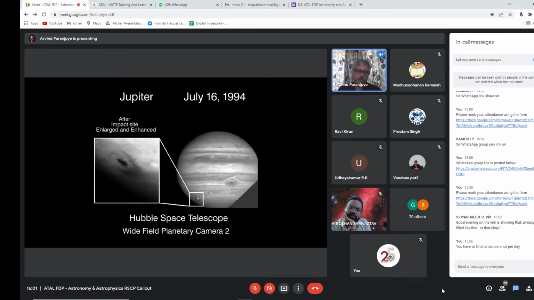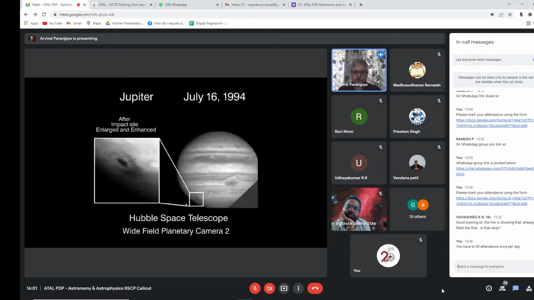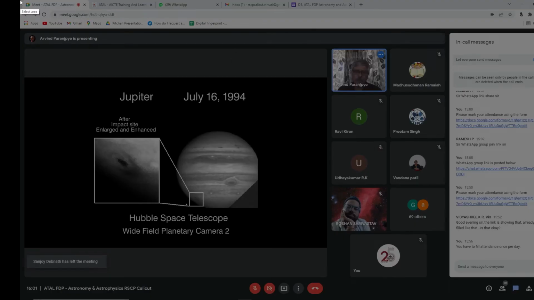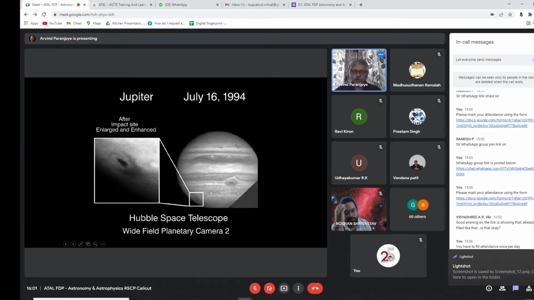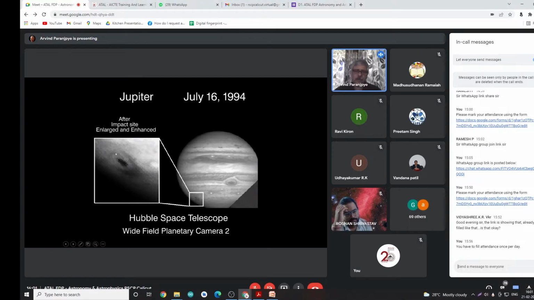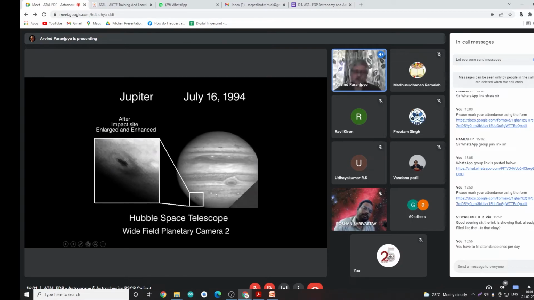But these impact signatures did not last too long, and these features have vanished. So the great red spot may not have been the impact of a comet on Jupiter, because as you see here, the sizes are not very different from the great red spot. They were very large, about an Earth and a half in diameter.